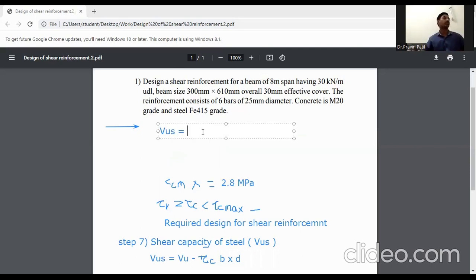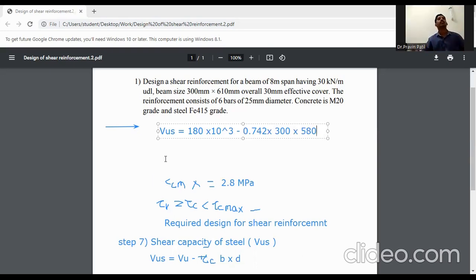VU is the factored shear force, 180 kilonewton. Convert it to Newton, 180 into 10 to the power 3, minus tau C, which is 0.742, into B, which is 300, and the effective depth, which is 580.